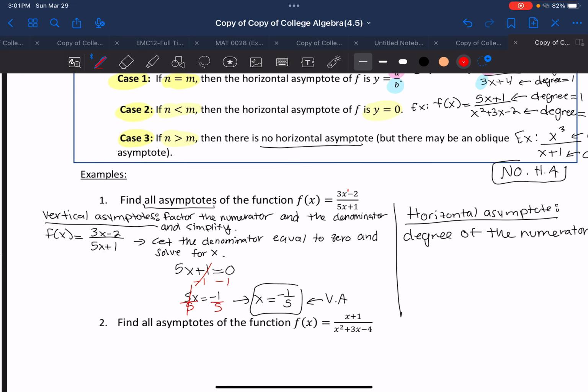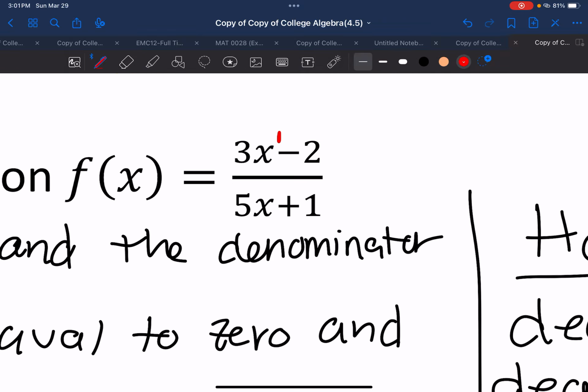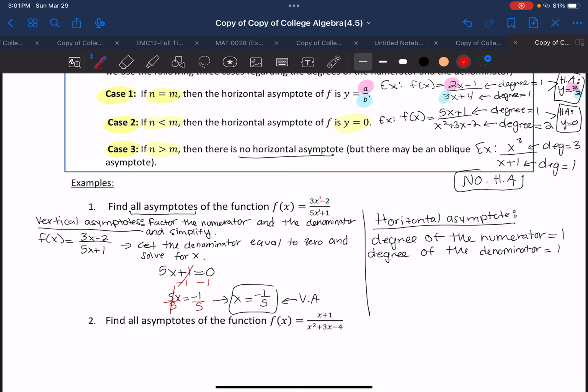That's the highest exponent there. And then same thing for the denominator. The degree of the denominator is also equal to 1 because of that 5x. The exponent on the x is 1. So they have the same degree.